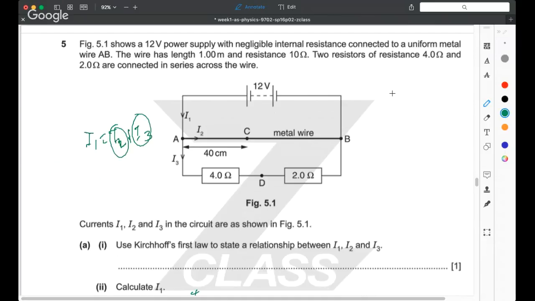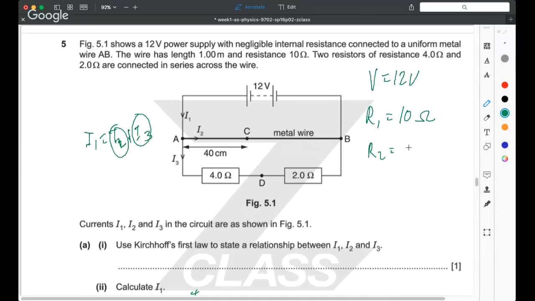So let me see. So the total voltage is 12 volts. So resistance 1 is equal to 10 ohms. So I2 is 12 volts over resistance 2.